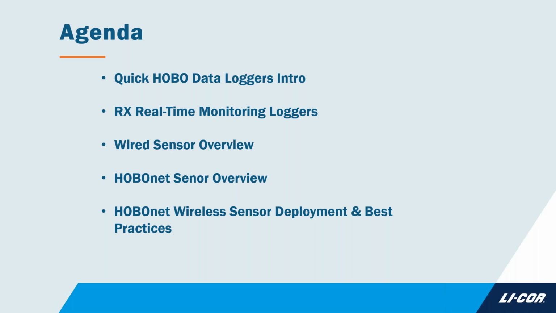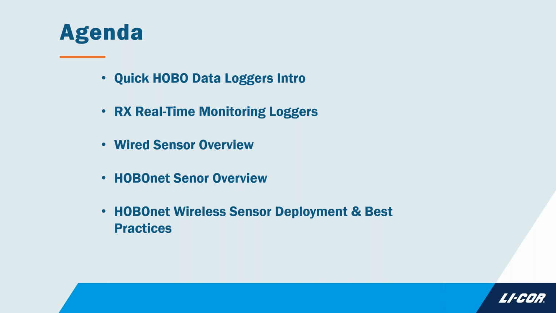We have our agenda. So this is what we're going to get into today in order. I'll do just a real quick overview of Hobo Data Loggers, a quick introduction of who we are and what we're about, and then I'll get into our RX real-time monitoring data loggers. Our RX is what we consider our real-time cellular-based data logger systems. We have two options, and I'll review those.